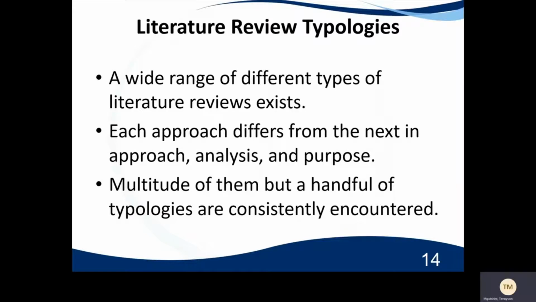Up to date, there are at least 35 or so typologies, different types. But for the purposes of your level of study, be it a master's or a doctorate, the tendency is that there are 5 or 6 types that are usually implicated. And this is what I will cover here.